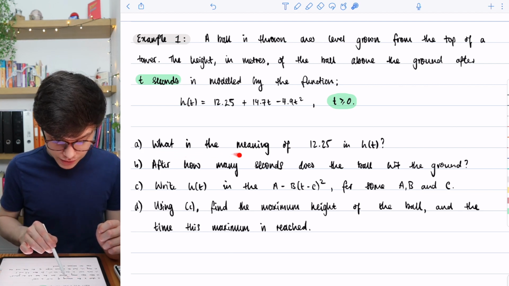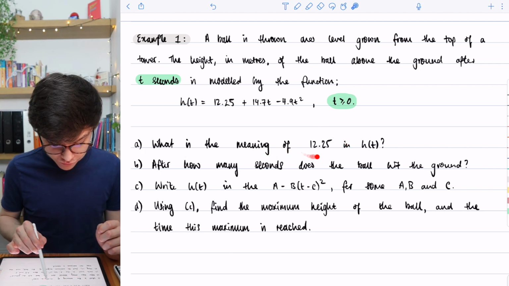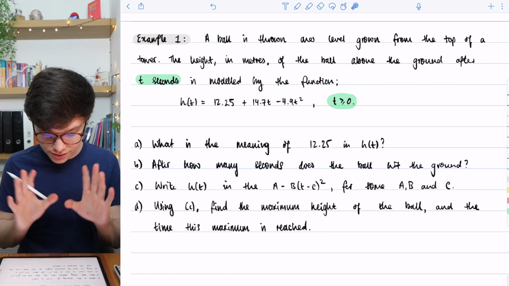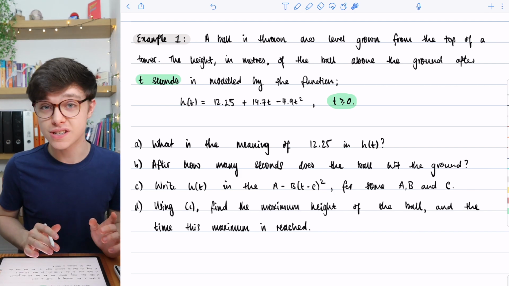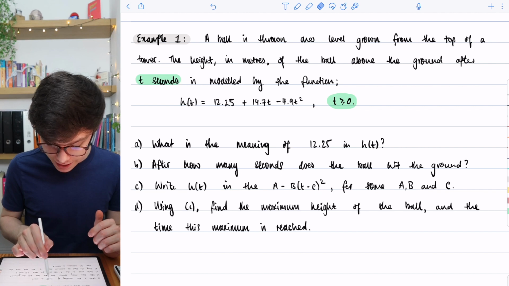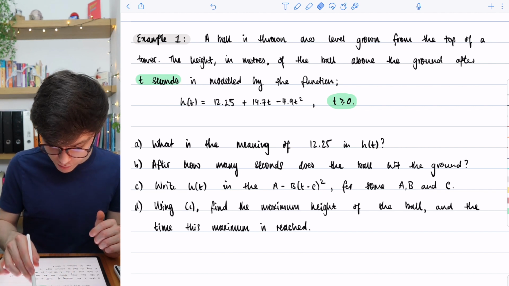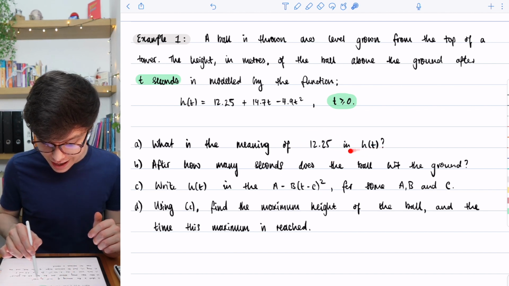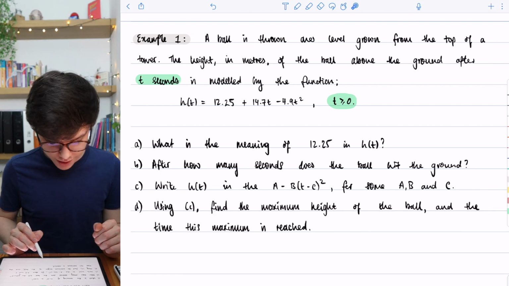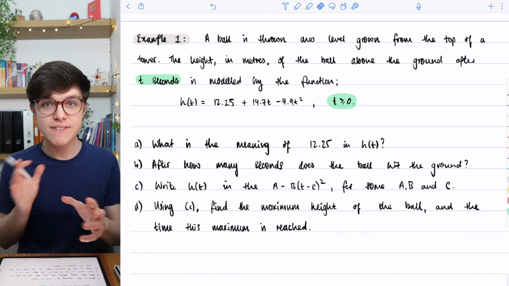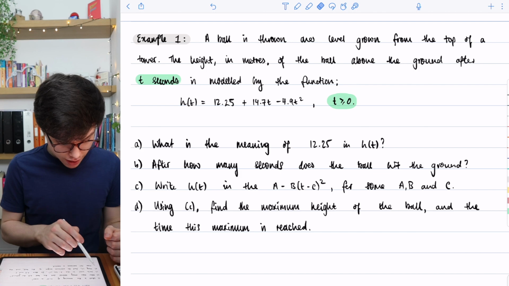Part A, it's not asking us to find anything, it's asking us just to state this. What is the meaning of 12.25 in our function? Okay, so we can just write that down, have a little think and write an answer down.